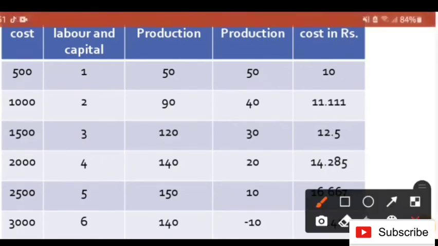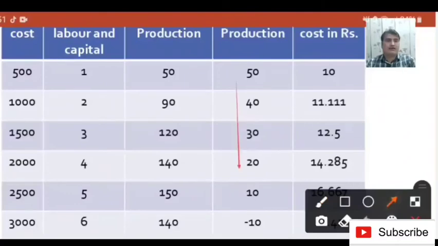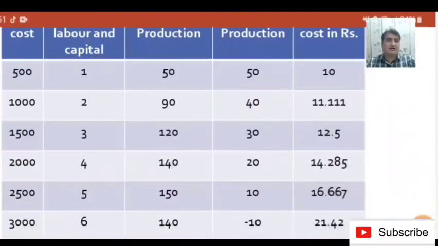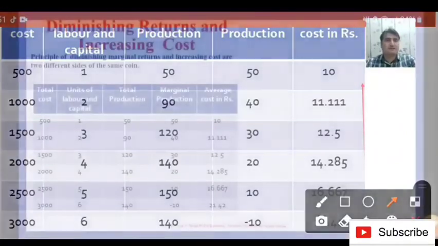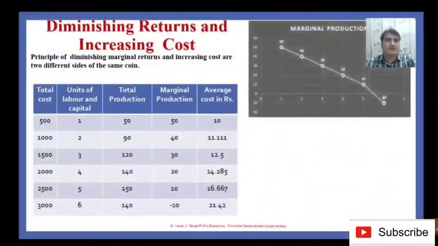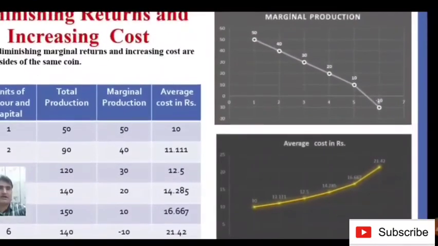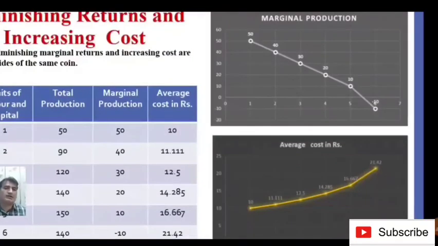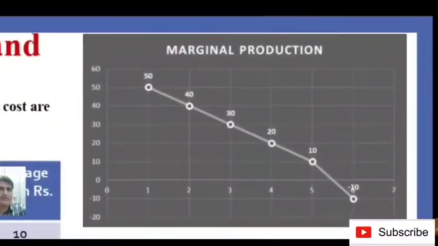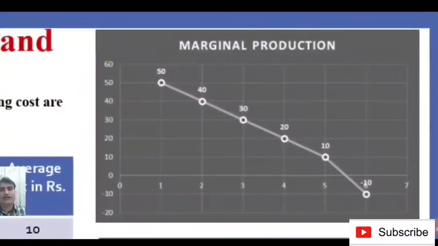So here you can see that on the one side marginal production decreases, while on the other side average cost increases. If we convert this table into a graph, in the first graph the marginal production is shown on the y-axis and the units of labor and capital on the x-axis, whereas in the second graph the average cost is shown on the y-axis and the doses of labor and capital on the x-axis. When the first unit of labor and capital is applied, marginal production is 50, and by applying the second unit it is 40.